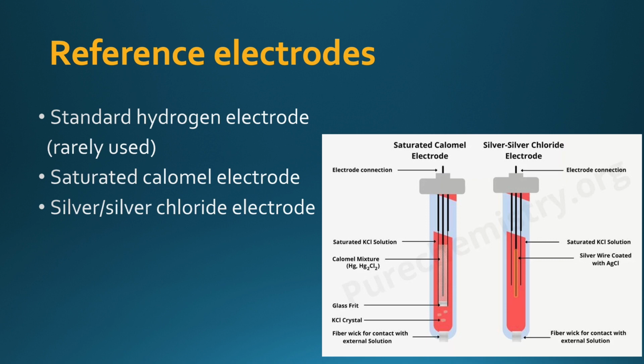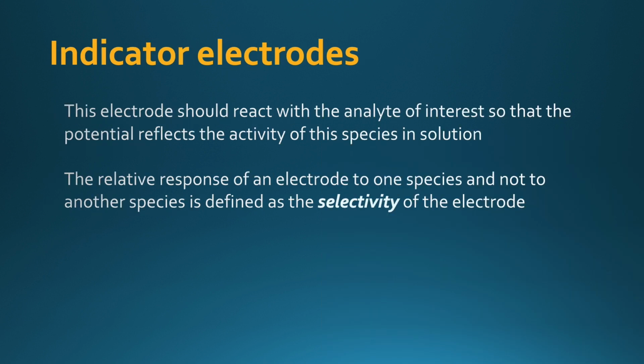The calomel electrode, as you can see here, is a mercury electrode coated with calomel, which is Hg2Cl2. This is one of the reference electrodes. The other common reference electrode, which is even more widely used, is the silver chloride electrode. It is basically a silver wire coated with silver chloride.